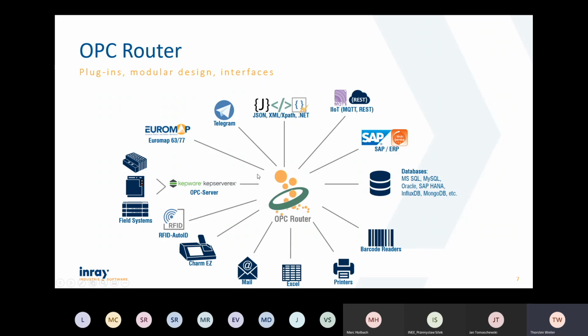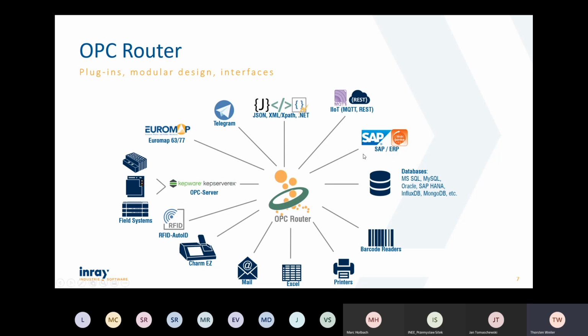But what you can also do is create some kind of process while connecting different systems. For example, the PLC gets to know that a production order has been finished, so it sends information to SAP or any other ERP solution, which can be Microsoft Dynamics or Infor or Oracle or whatever.